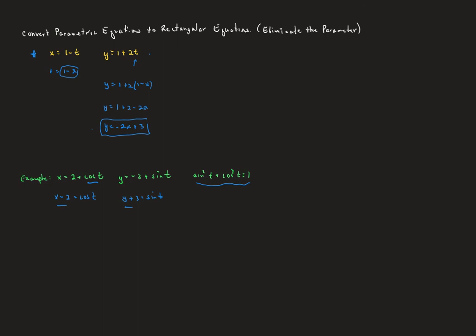And so we are going to get (y plus 3) squared plus (x minus 2) squared is equal to 1. And you may recognize that, hopefully, as a circle, it's not centered at the origin, rather, centered at (2, negative 3), and with radius equal to 1. Okay? Very good.